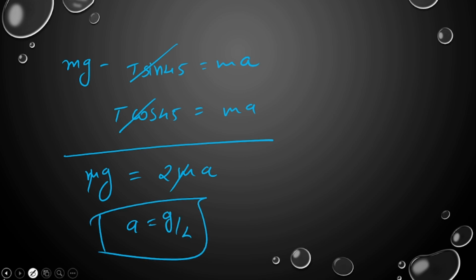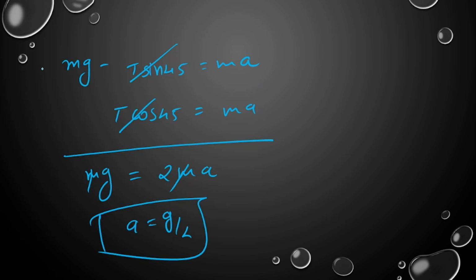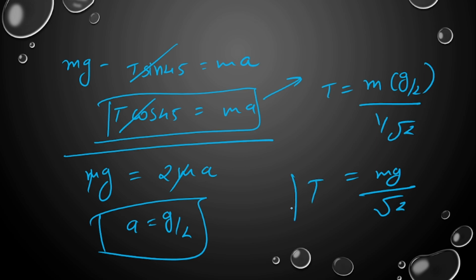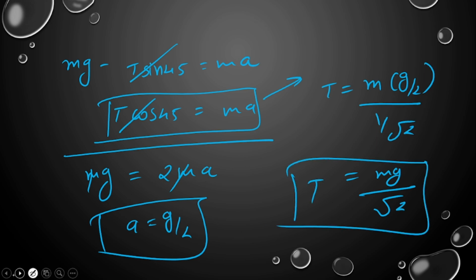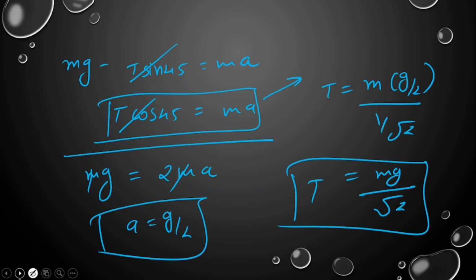Okay, so from here we can get the tension by putting the value in this equation. So T is equals to m times g by 2 upon cos 45. Cos 45 will be 1 upon root 2, so the answer will be mg upon root 2, that is our tension.